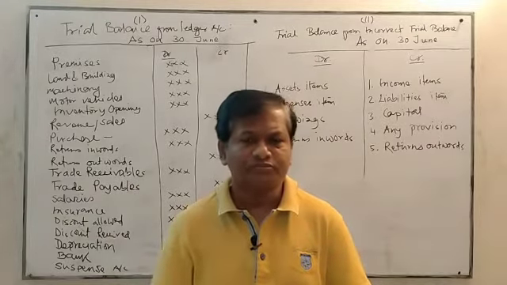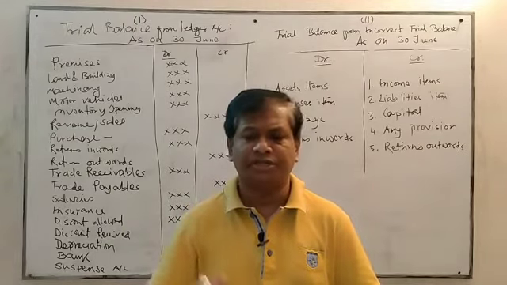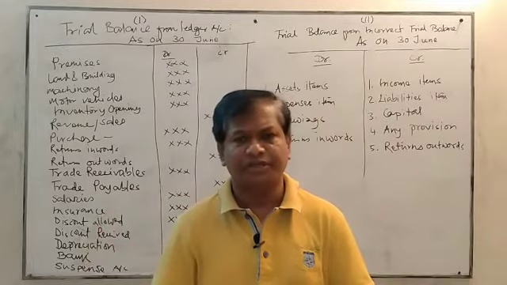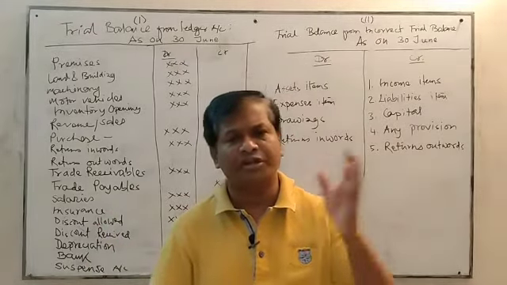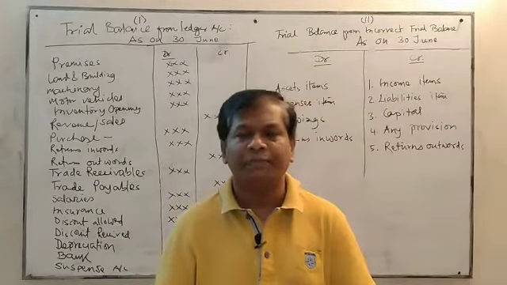Third one, error of principles. There are different types of accounts. Maybe it is a capital expenditure, or some revenue expenditure. Sometimes capital expenditure can be converted into revenue expenditure, or revenue expenditure can be converted to capital expenditure.